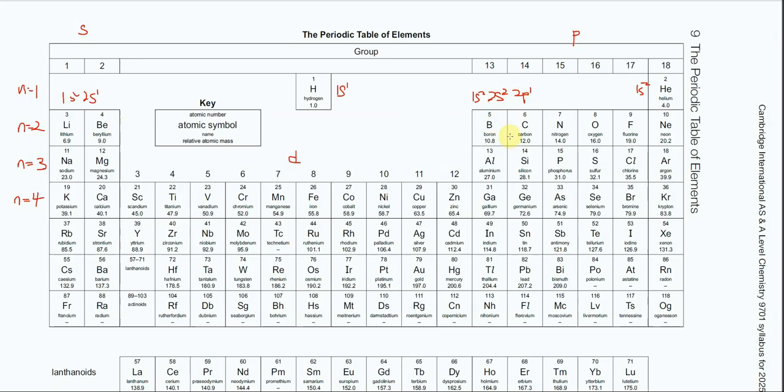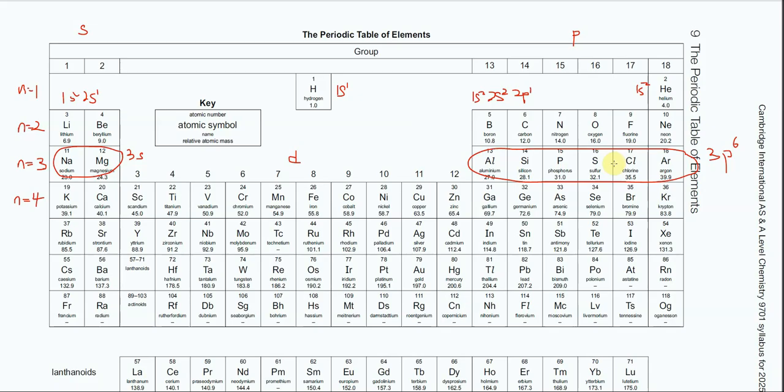If we follow this way, we know that argon is 1s2 2s2 2p6 3s2 3p6, because this one is 3s and this is 3p. Argon is the last element in n equal to 3, so therefore it's 3p6.